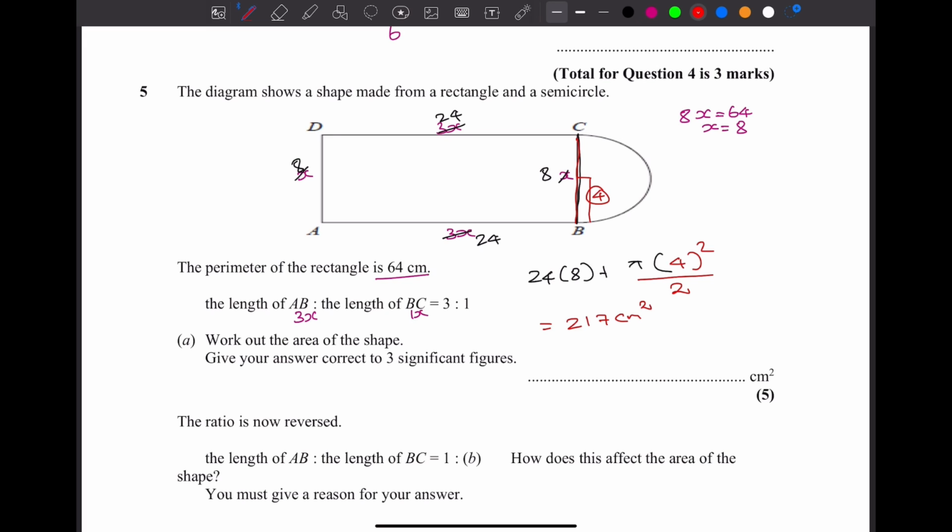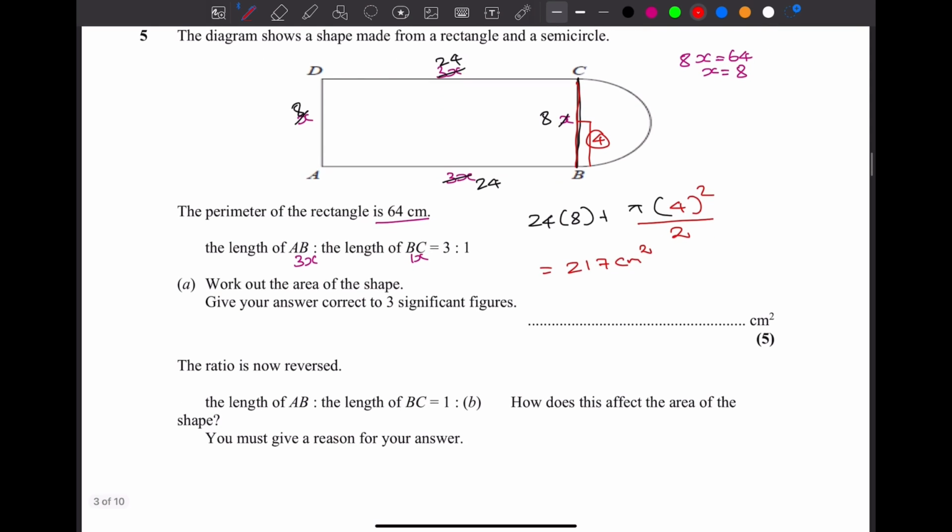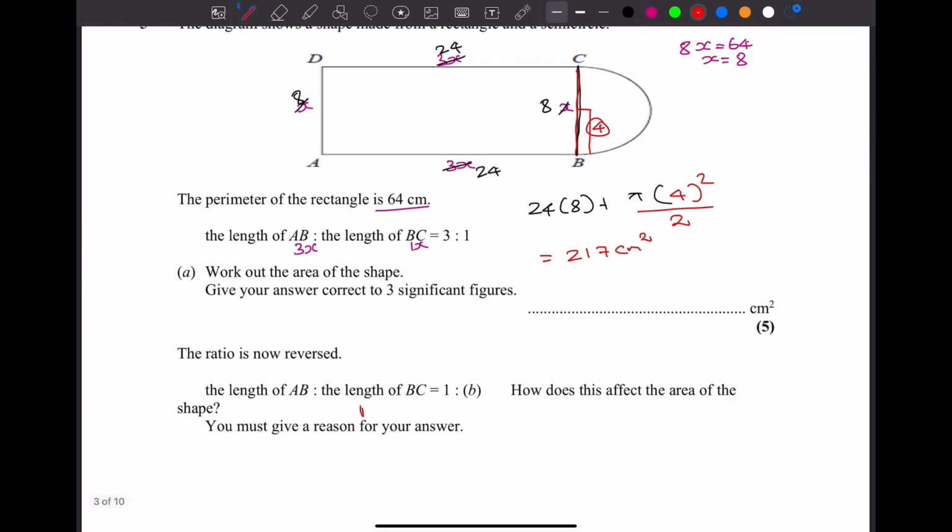centimeters squared. The ratio is now reversed. How does this affect the area of the shape? Think about it. Even if you reverse the length and width, the area of the rectangle stays the same.